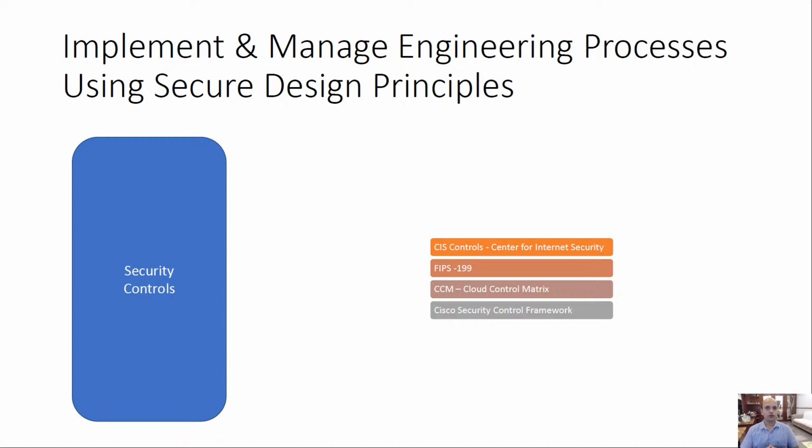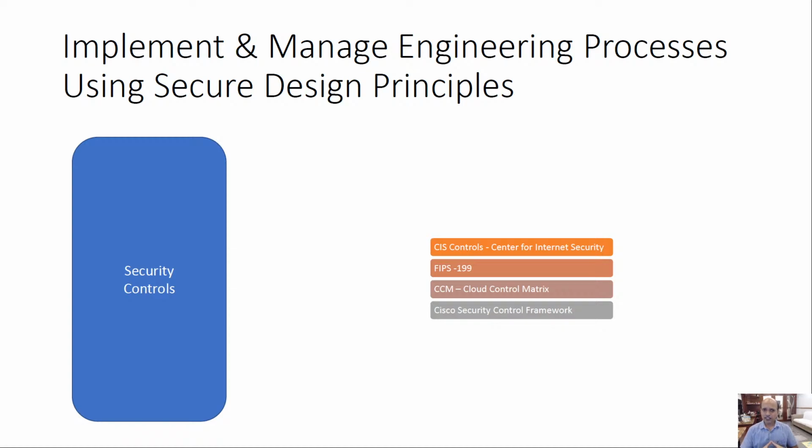From that framework we can say these are the controls which will be applicable in our environment to secure it. Some of the security control frameworks are ISO 27001, or the complete 27K series, then CIS, which is also a very good source of controls, then FIPS, then the Cloud Controls Matrix, CCM, then the Cisco Security Control Framework. These are some of the control frameworks from where we can take the controls, right?